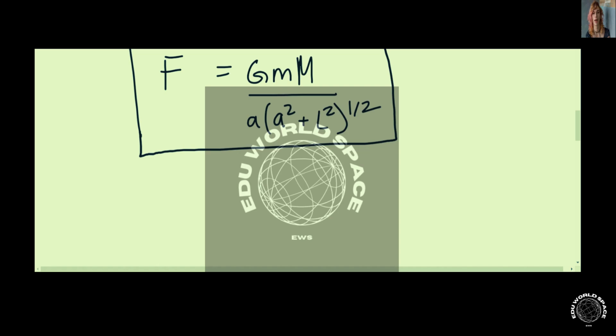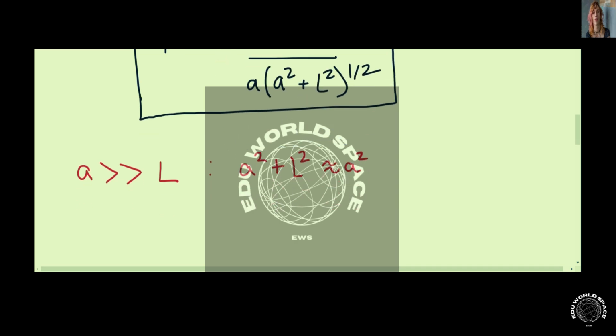So let's consider A to be much, much larger than L. What's going to happen to our expression here? So if A is much, much larger than L, basically A squared plus L squared is just A squared. Adding a factor of L onto it is really not going to change much.